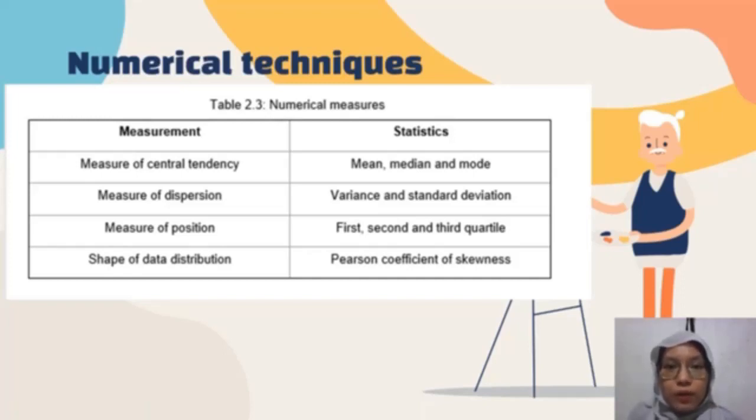Percentiles show how the data values are distributed throughout the range from the lowest value to the highest value. The first quartile refers to the 25th percentile, the second to the 50th percentile, also the median, and the third to the 75th percentile. Quartiles split the data values into four sections.